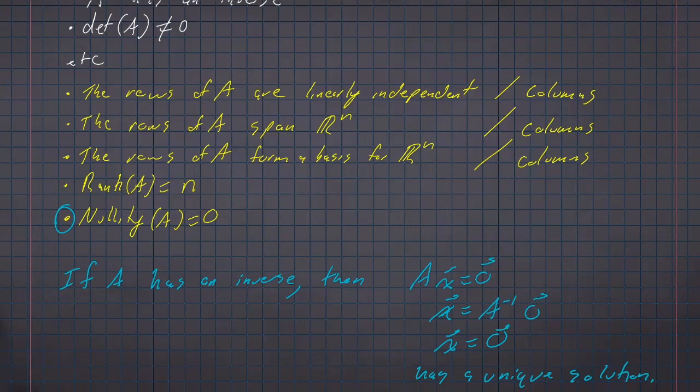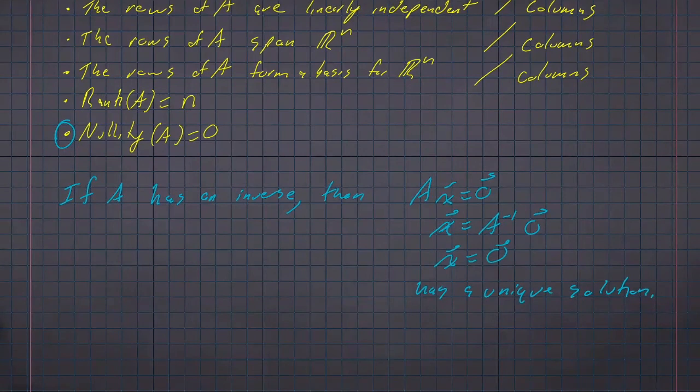And because that has a unique solution, the null space of A is just the 0 vector, which means that the nullity of A is 0, right?